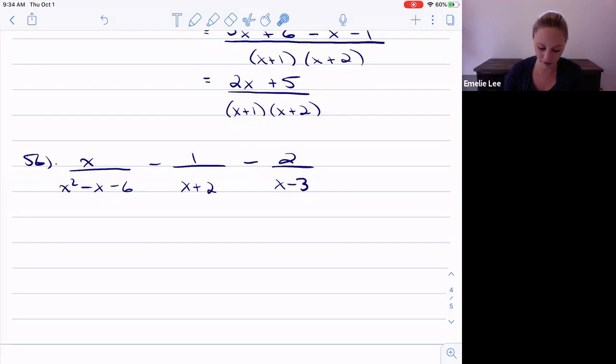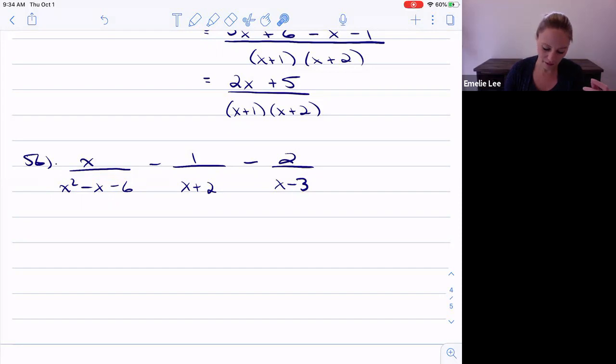So what I would prefer for you to do is try and see if you can factor this, and if this factor has even one of these, x plus 2 or x minus 3, in it, then that simplifies your common denominator quite a bit.